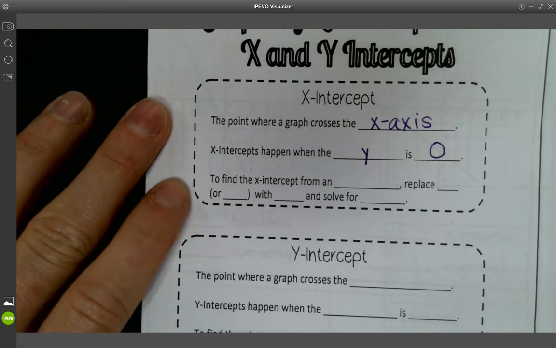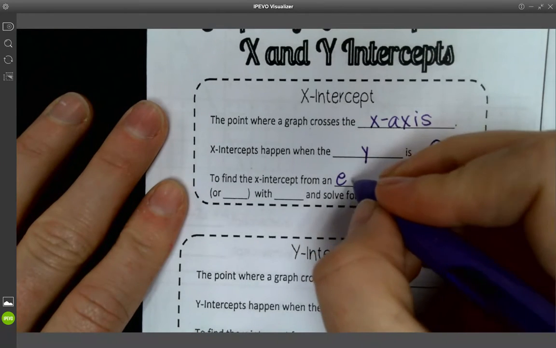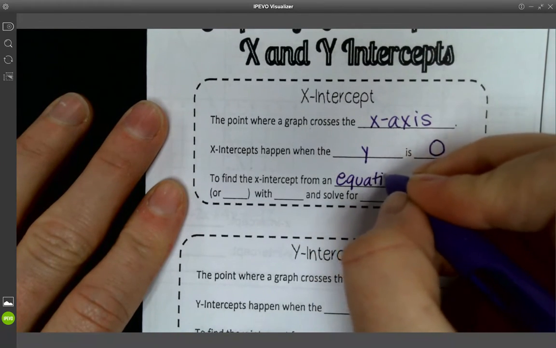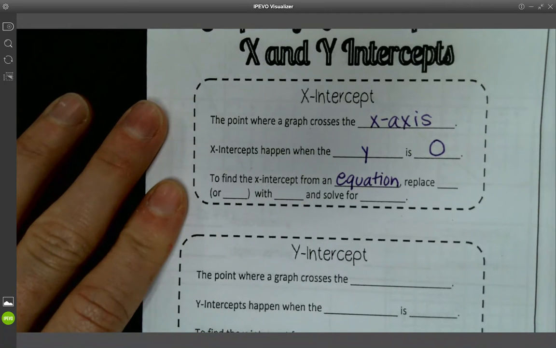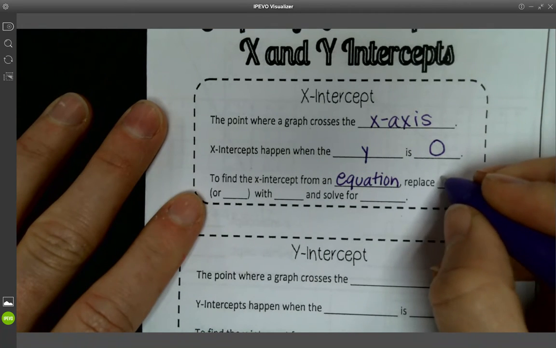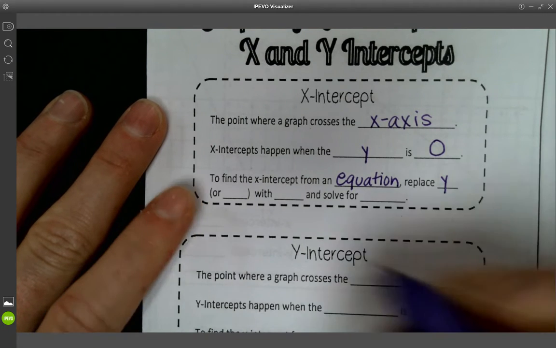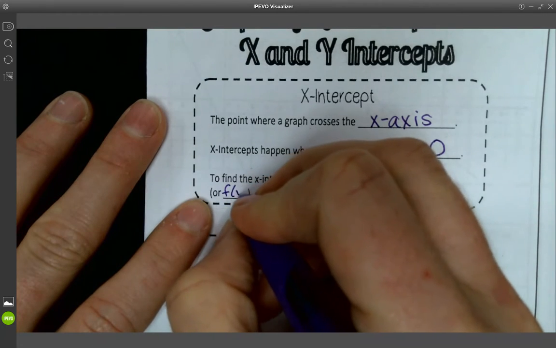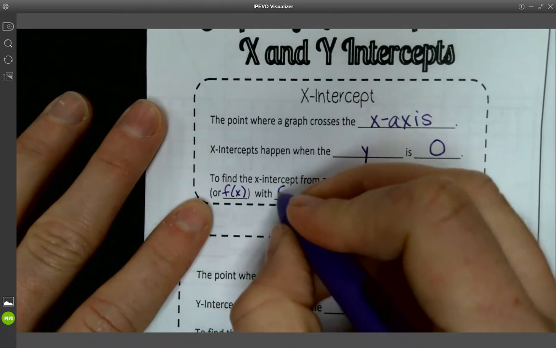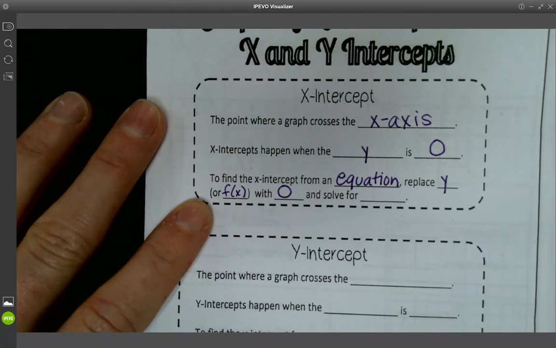To find the x-intercept from an equation, you're going to replace the y, or it could be written as f of x, with a 0. Because we're finding what x equals whenever y is 0.